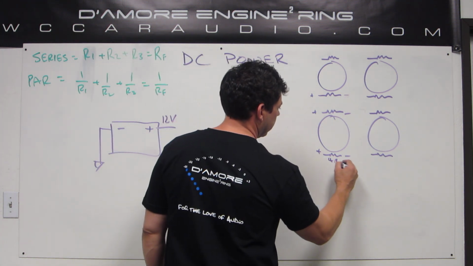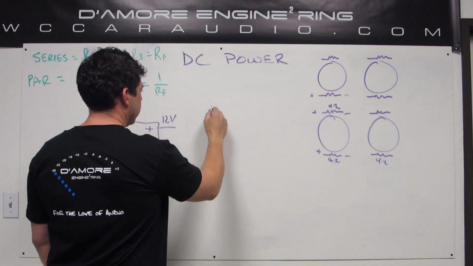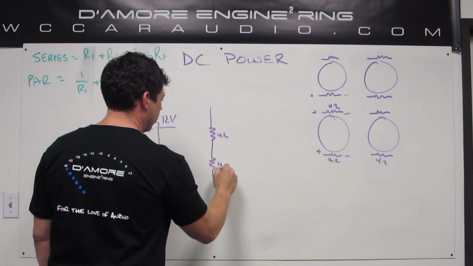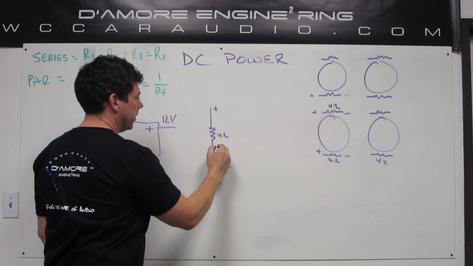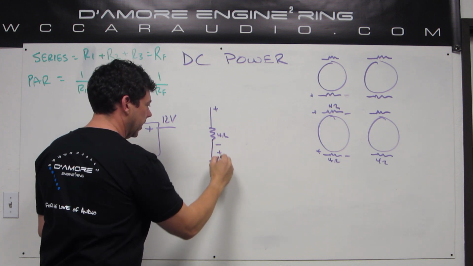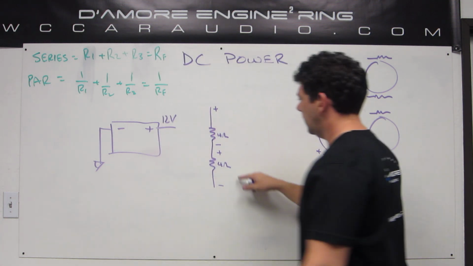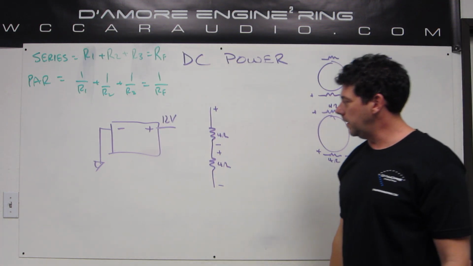So we know if these are 4 ohms each, it's like this. 4 ohms and 4 ohms. When you put them in series, this one looks like this, and then this one looks like this. And that's what happens when you put them in series. You connect the positive of one to the negative of the other. And this is what the finished product looks like.